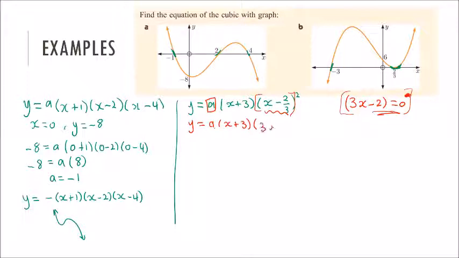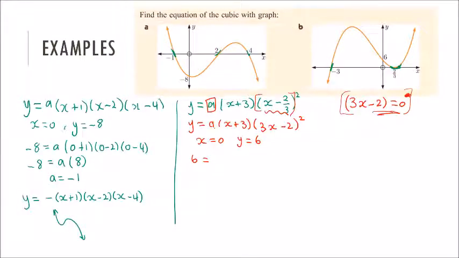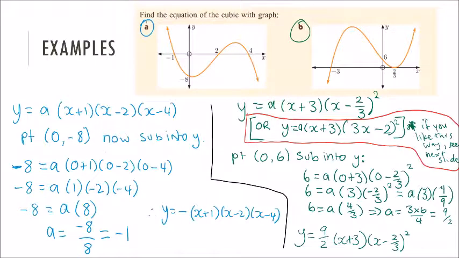So we've got 3x minus 2 squared. And then we just sub in when x is equal to 0, y is equal to 6. 6 is equal to a lots of 0 plus 3, and then I've got 3 times 0 minus 2 squared.